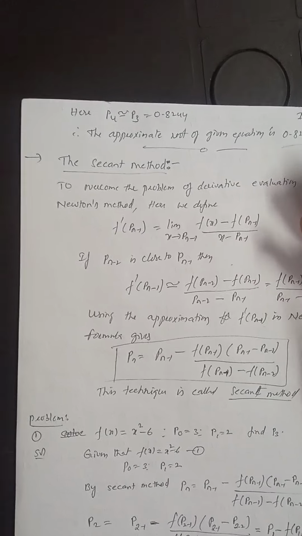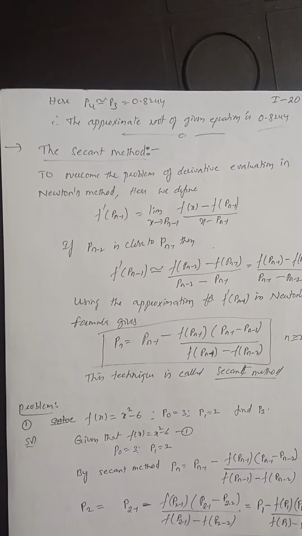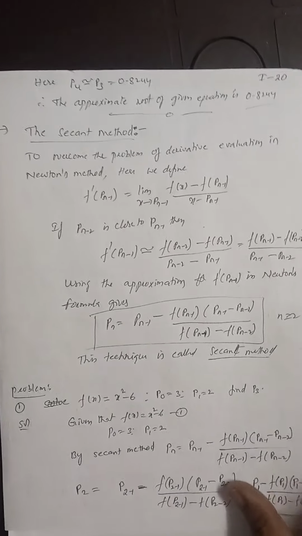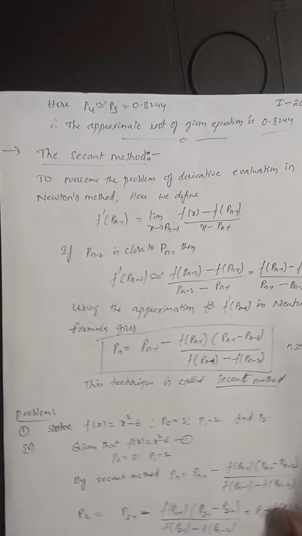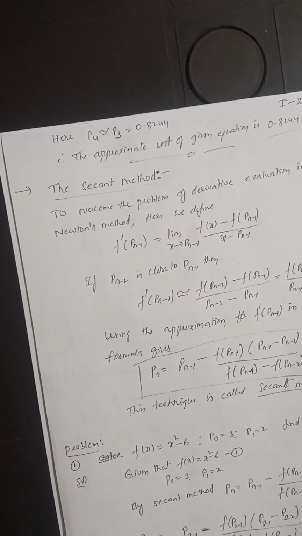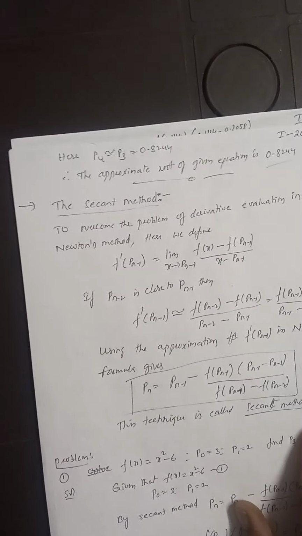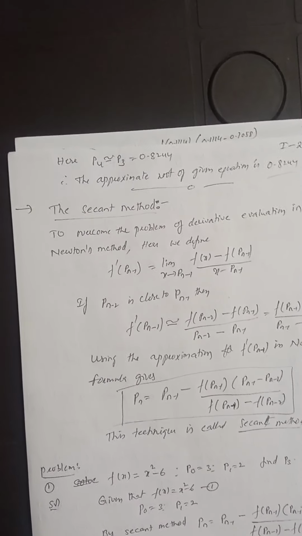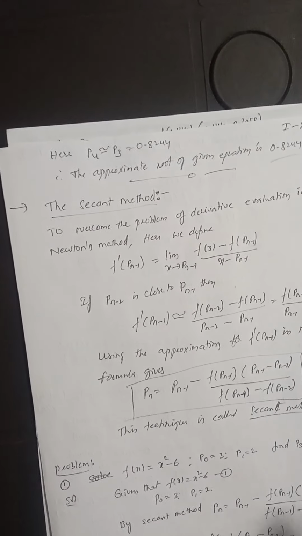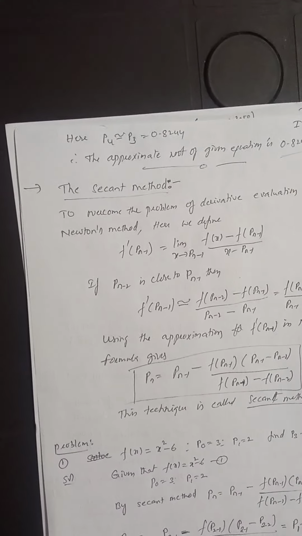Yes, you can proceed further. That means you can find P7, P8 or P9. Right, those values are also correct, but those are better approximate roots compared to this one. Right, here our intention is only to find the better approximate roots, not the accurate roots. Right, sometimes you will get accurate roots, in rare cases.